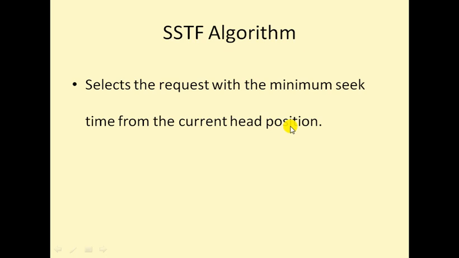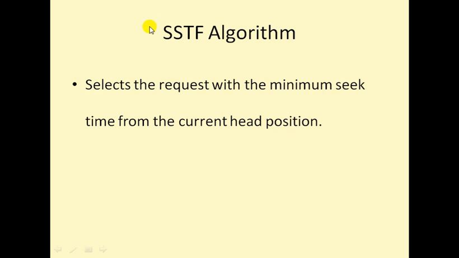Already we know the current head position. From that position, we estimate which numbered track is nearest to the head position, so that we can easily calculate the seek time. With the minimum seek time value, we can move to the particular track number.